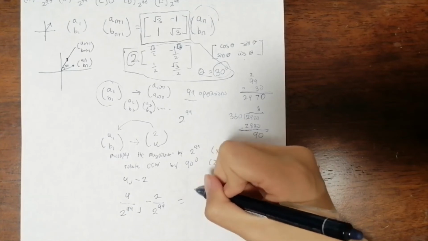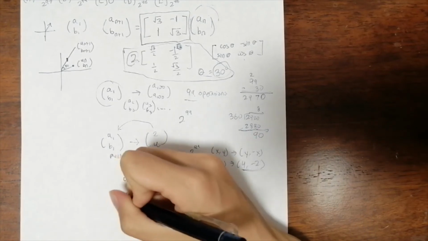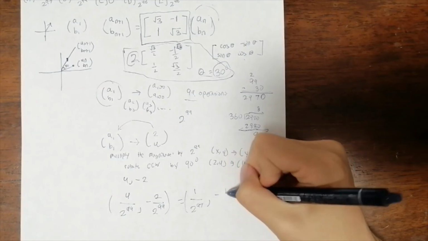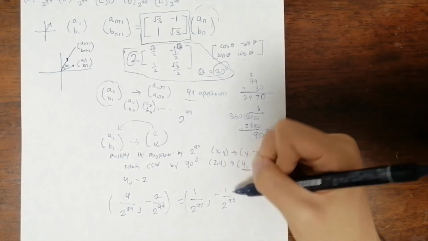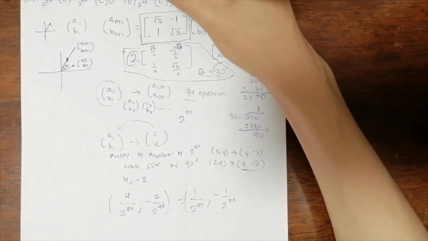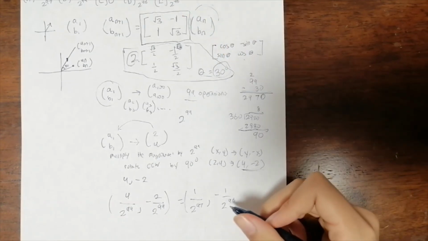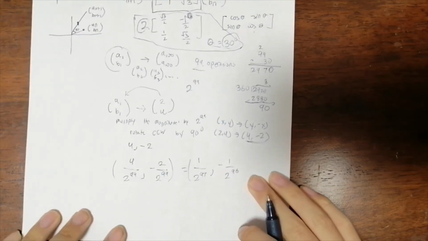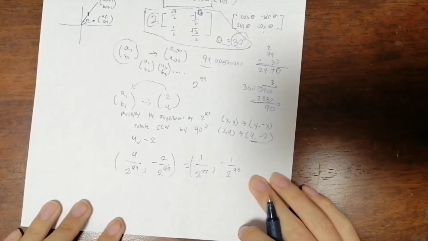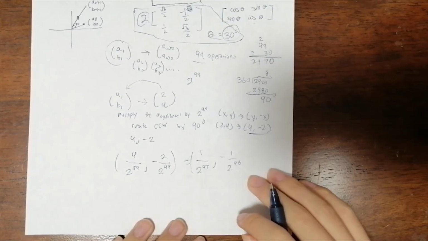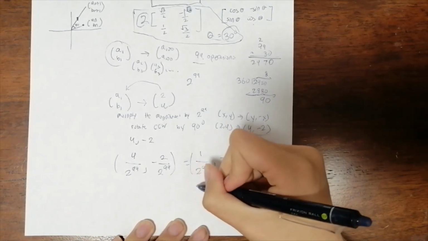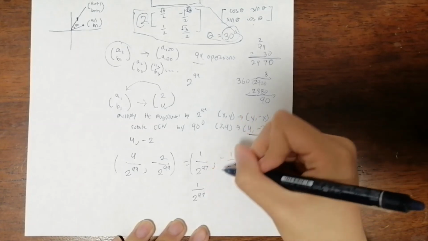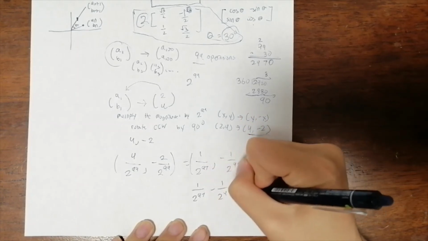This is equal to 1 over 2 to the 97th, comma, negative 1 over 2 to the 98th. And the question is asking us for the sum of these two terms. So this is 1 over 2 to the 97th minus 1 over 2 to the 98th.